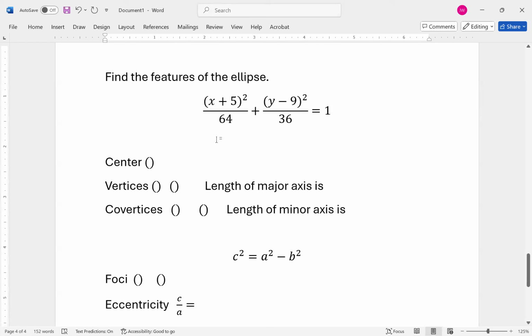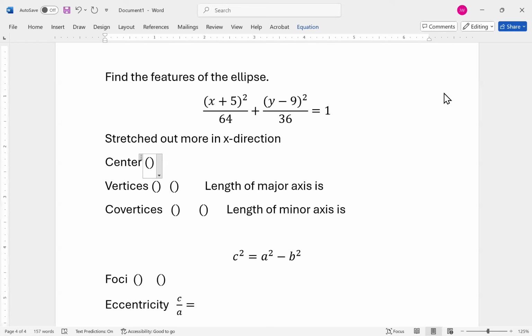All right, so the first thing I want to notice is that the bigger number is underneath the x part. So this is stretched out more in the x direction. So we're stretched out more in the x direction.